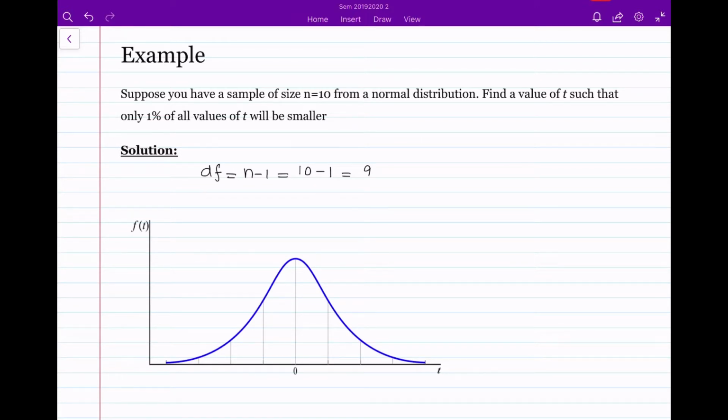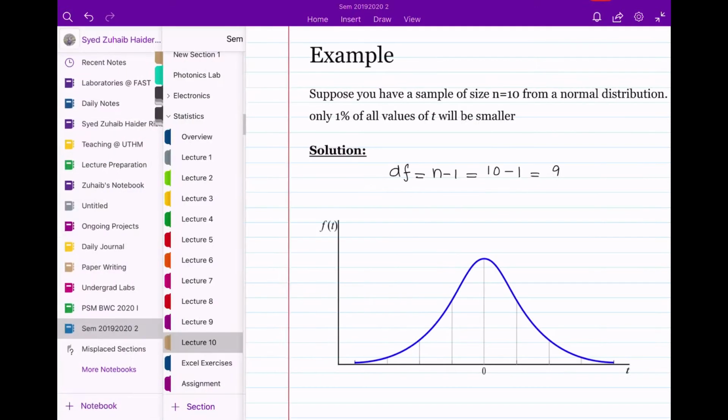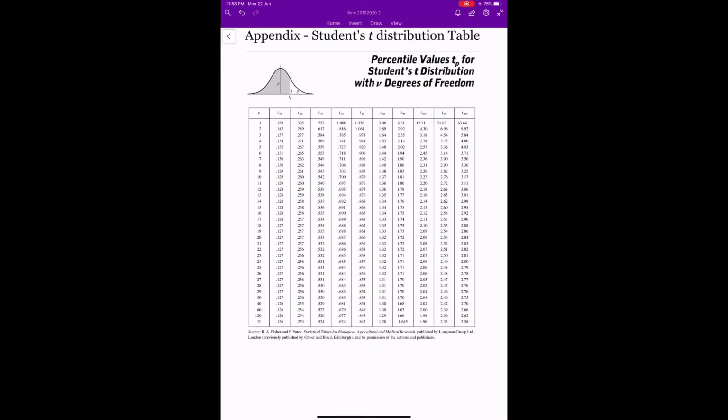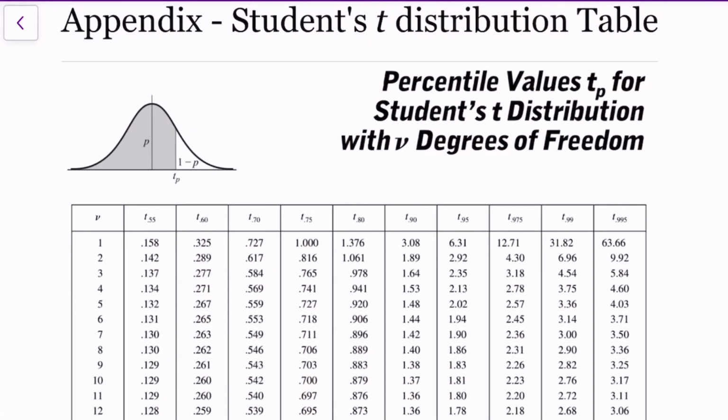Now we need to go to the table and find or locate the value of t. This is the table for student's t distribution. The leftmost column represents the degrees of freedom, and the topmost row is the percentages for t values, or the area under the curve, you can say.